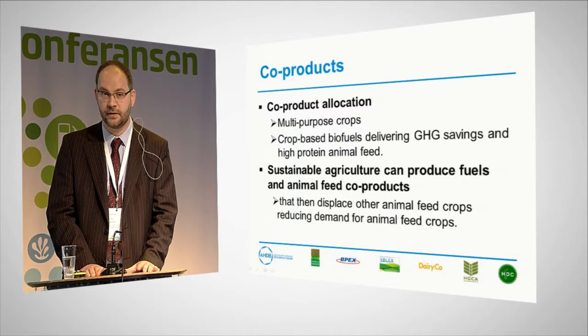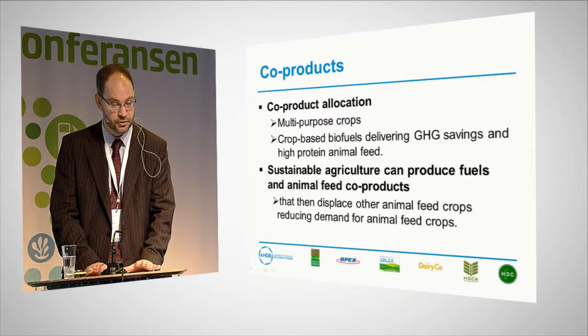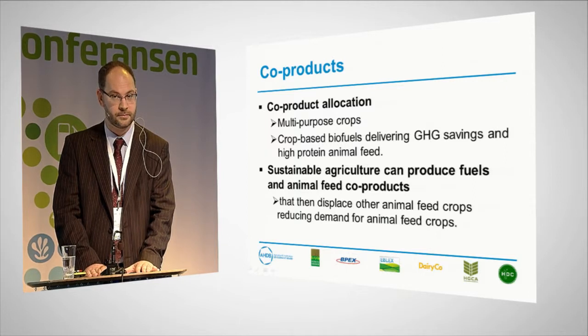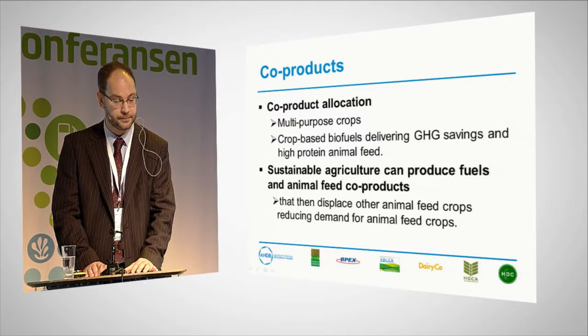This whole area is still evolving. The modellers are still modelling. The modellers are not at fault. The modellers are told on what basis to model and on what basis to adjust the co-product allocation. But my point is that we are already good at growing crops. We do this very well, and we're quite good at utilising them as well.